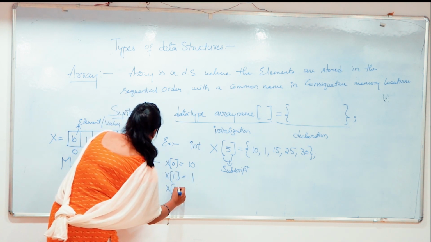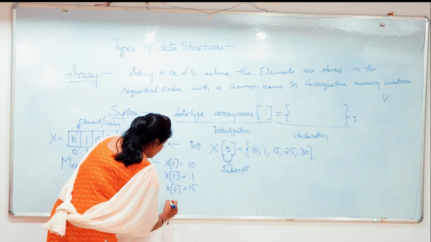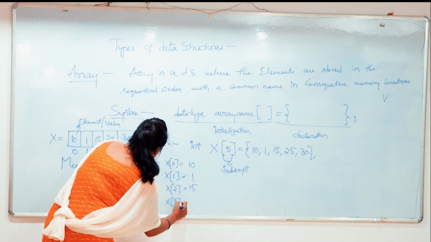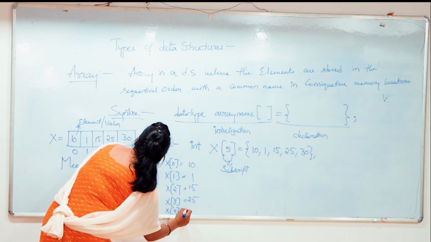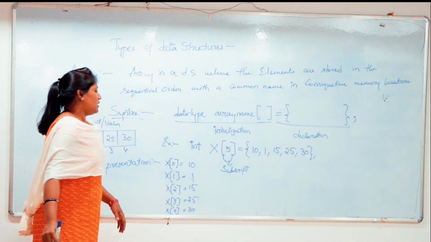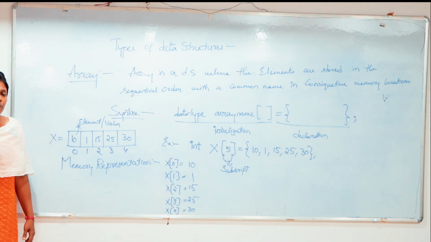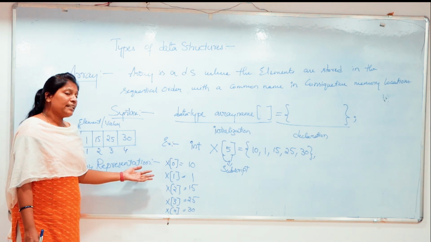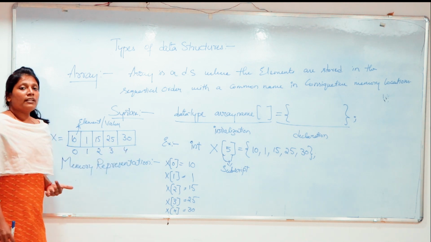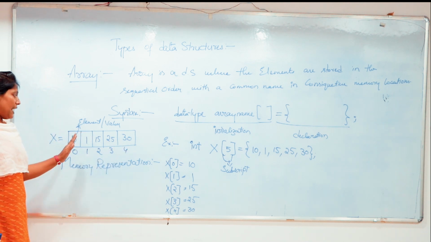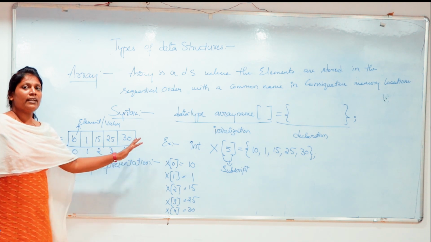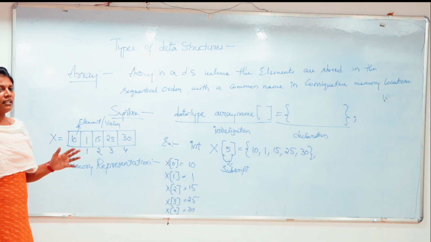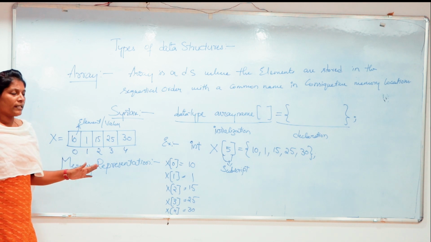In x of 2, the element is 15. In x of 3, the element is 25. And in x of 4, the element is 30. This is the memory representation of an array, either in a horizontal way or a vertical way. As it is a one-dimensional array, the data will be stored either in a horizontal way or in a vertical way. Either of the two, the data will be stored in our memory.